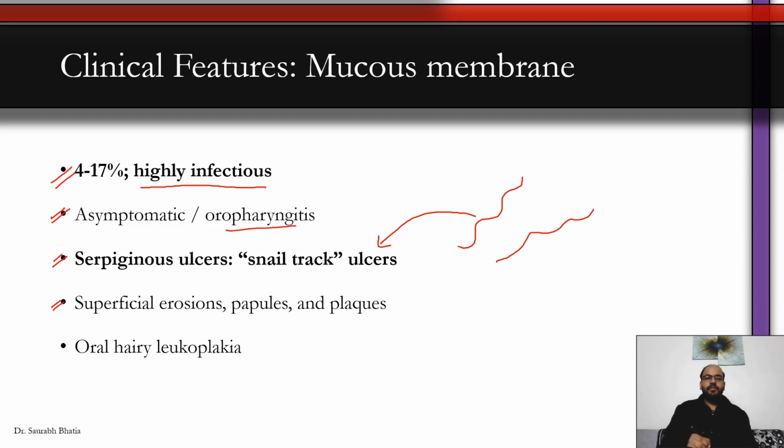Now, they are mostly superficial erosions, papules, and plaques, and there have been case reports of mucosal syphilis resembling oral hairy leukoplakia. It usually presents as superficial erosions, and they can have that undulating character known as snail track ulcers in the mucous membrane.